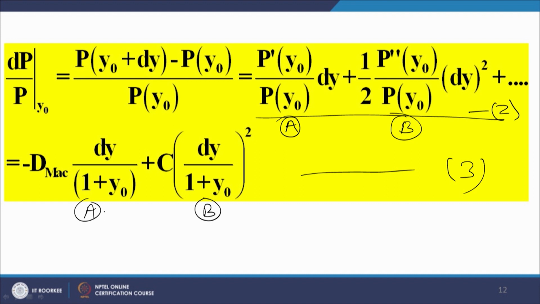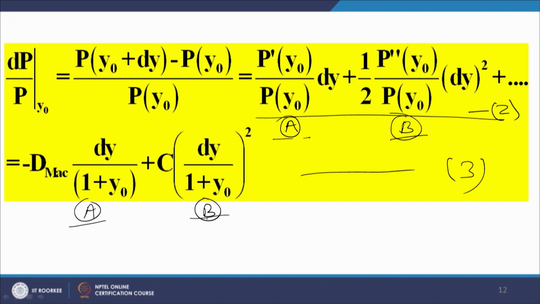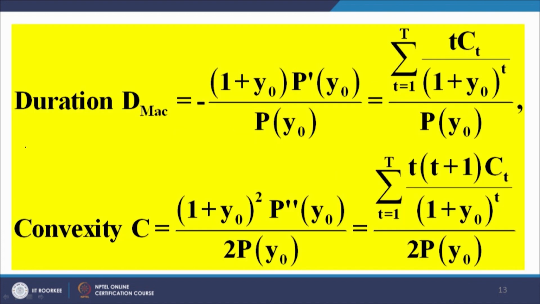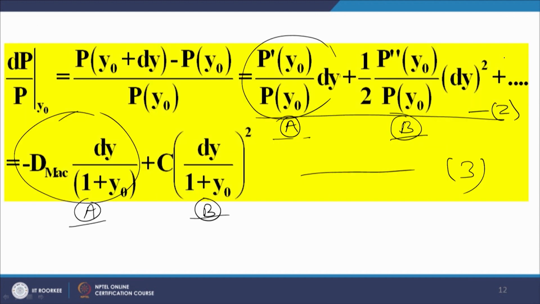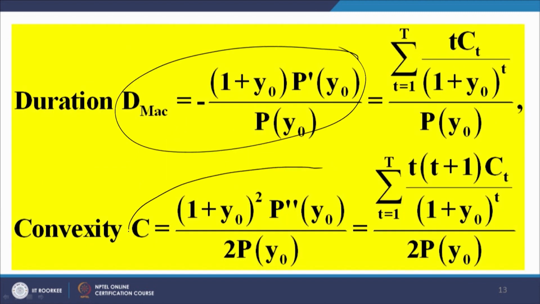This term A goes to this term A, this term B goes to this term B, which enables us on comparison to arrive at the definitions of Dmac and C. So, if you compare this expression with this expression, we get Dmac is equal to this expression. Similarly, if you compare this expression with this expression, we get this expression for C.